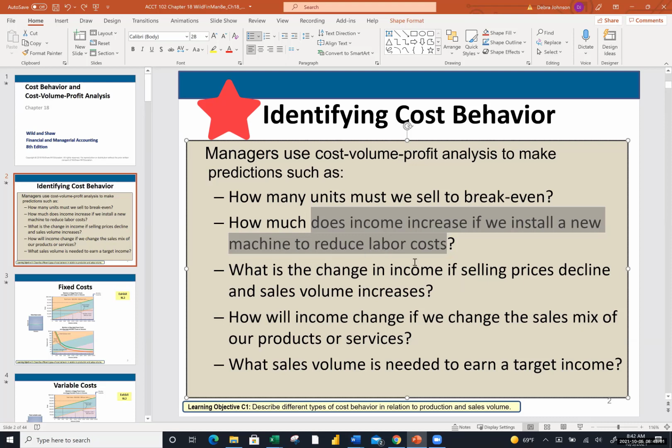What is the change in income if selling prices go down? Say we decide to lower the price and the volume goes up. What's that going to look like on our bottom line? And what if we change the sales mix of our products?